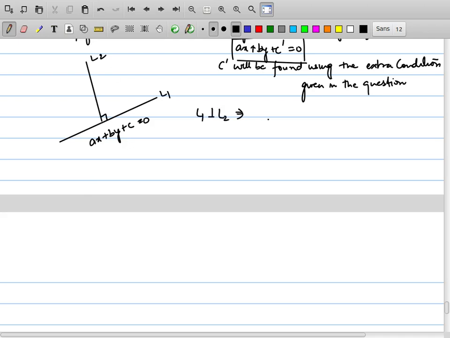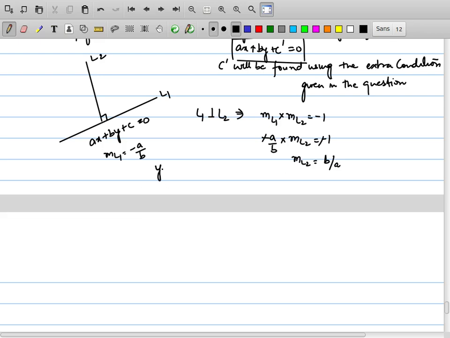What does this imply? Slope of L1 into slope of L2 should be minus 1. What is the slope of L1? Minus coefficient of x upon coefficient of y, that is minus a upon b, into m of L2 should be minus 1. Minus and minus go, we have m of L2 equal to b by a. Therefore the slope of our line is b by a.